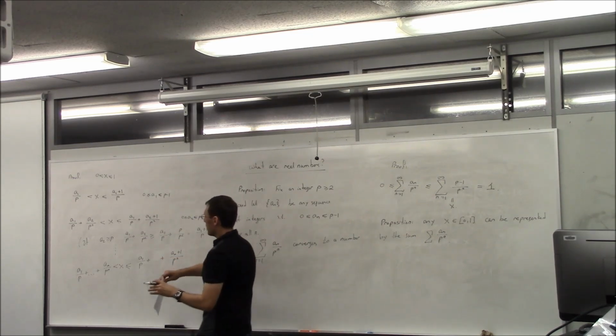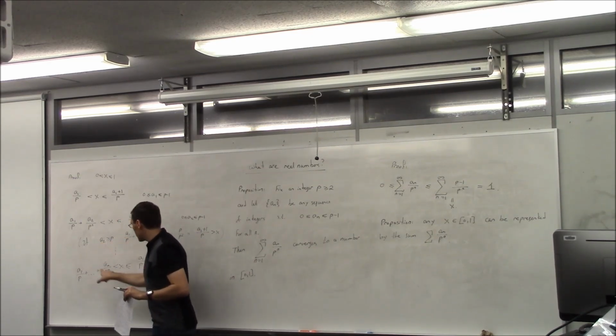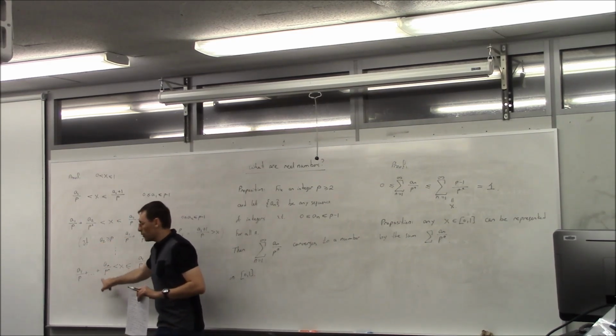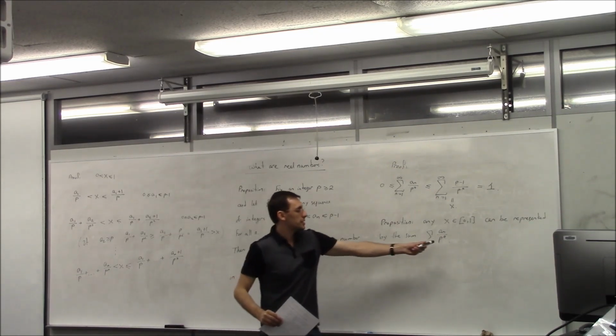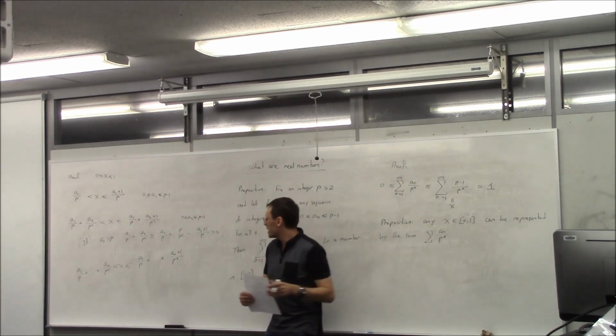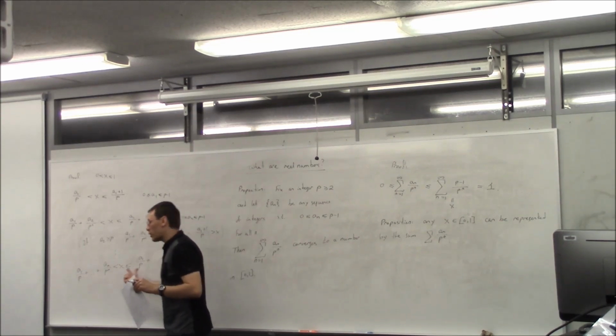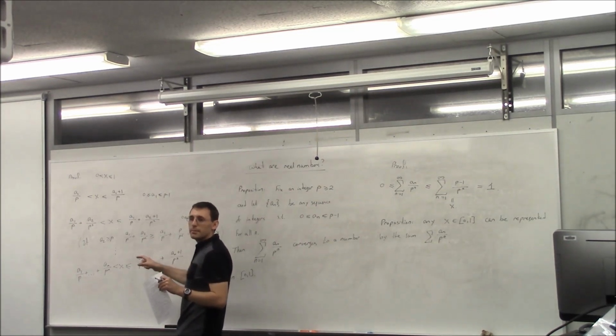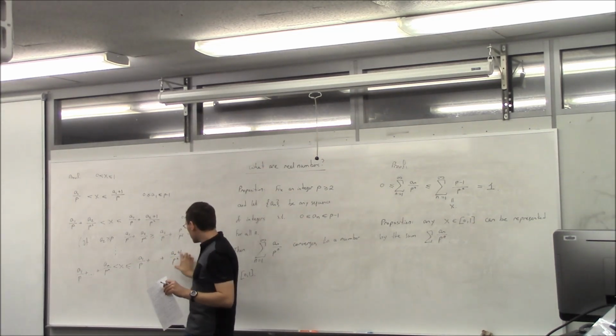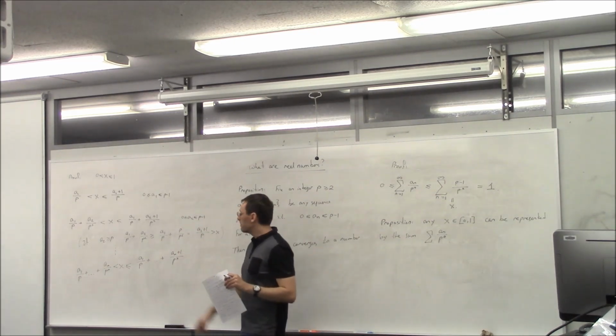This way I construct an infinite sum that is always less than x. Continuing in this fashion will produce the desired result. Notice that at each step, the amount of error is at most 1 over p to the n.